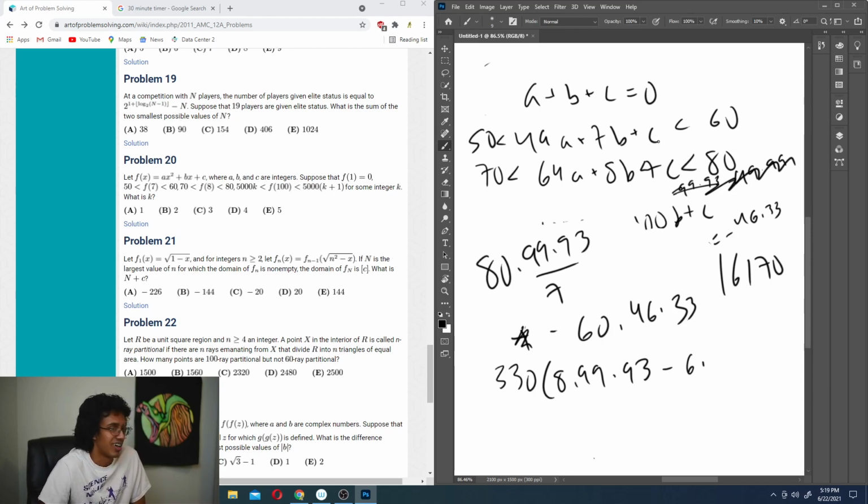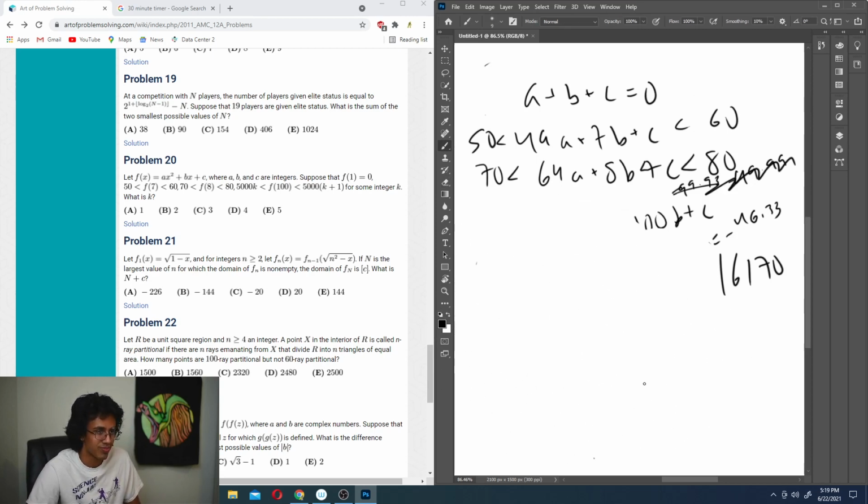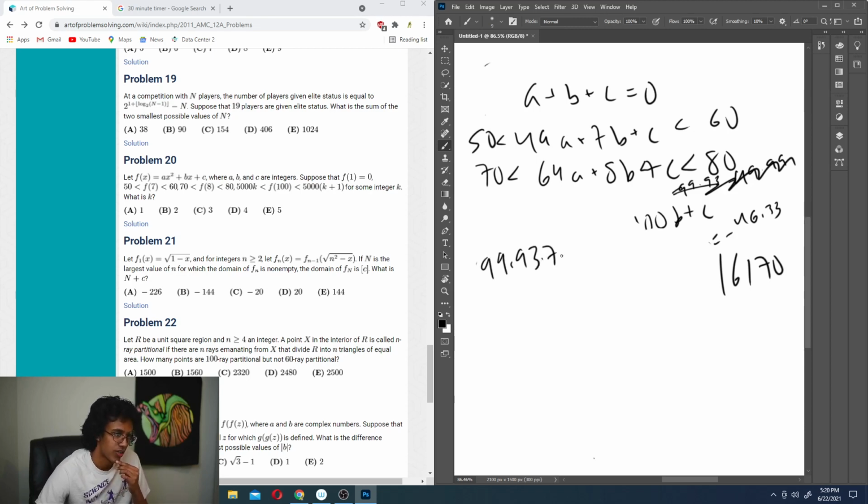I forgot. Okay, so we actually got to recompute. Oh, that's so annoying. So essentially we get 99 times 93 times 7 times 10 minus 46 times 33 times 60, or plus, no, minus that, because that gets moved to that side.